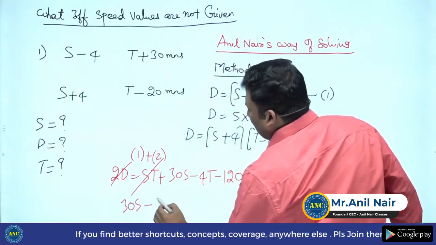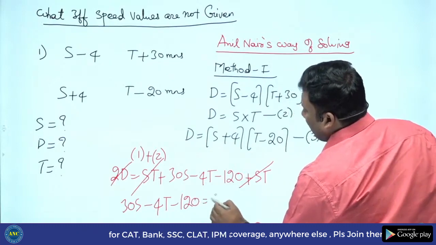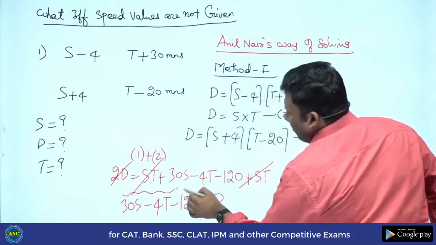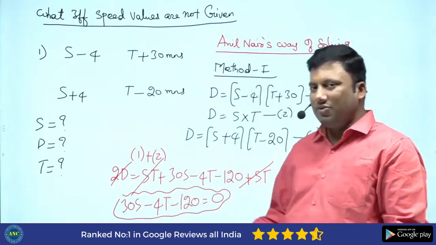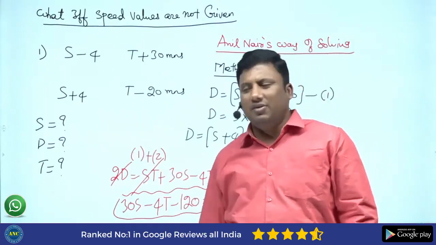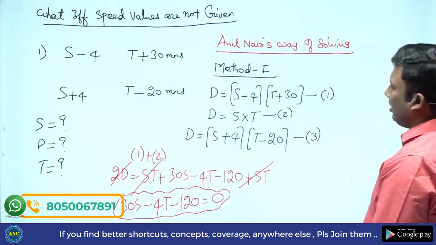It is 30s minus 4t minus 120 equal to 0. For the traditional method I will solve it this way.